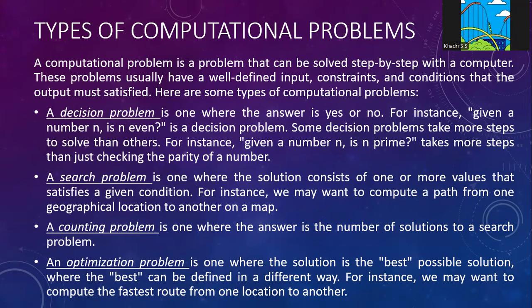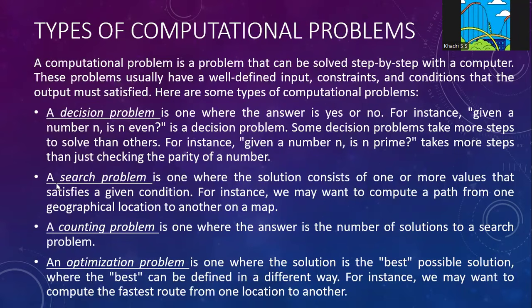That is nothing but whether the given number n is even or not. Some decision problems take more steps to solve than others. For instance, given a number n, is n prime? This takes more steps than just checking the parity of the number. So a yes or no statement, such as whether the given number is prime or not, is called a decision problem.